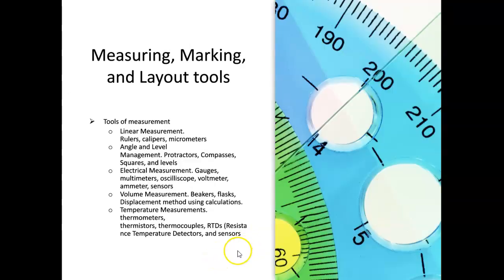If we talk about some tools, I've already mentioned, in terms of linear measurement from a precision manufacturing standpoint, calipers and micrometers. Of course, pretty much everybody should know how to read rulers and tape measures down to a 16th of an inch, if not a 32nd or 64th. Calipers and micrometers are going to give us even tighter tolerances, where we can measure down to the thousandths of an inch.